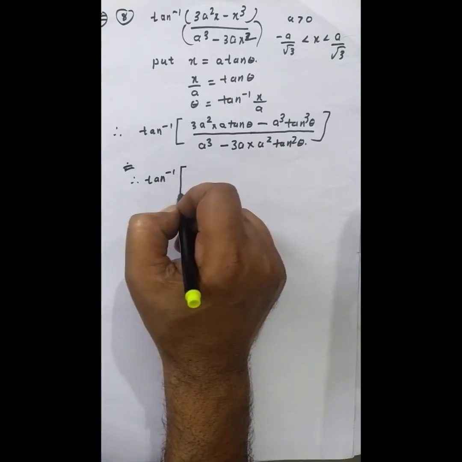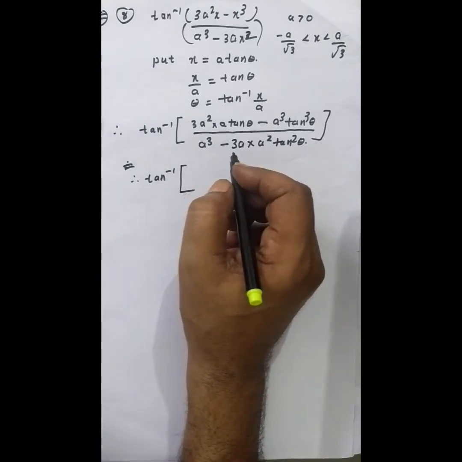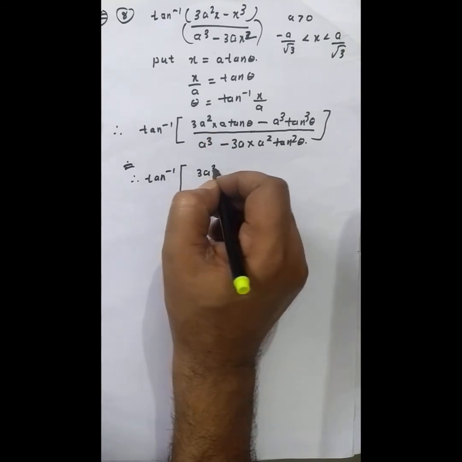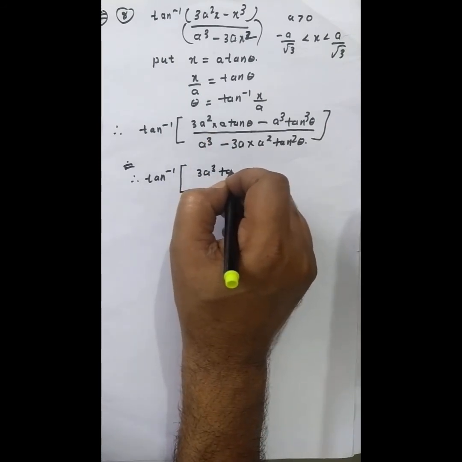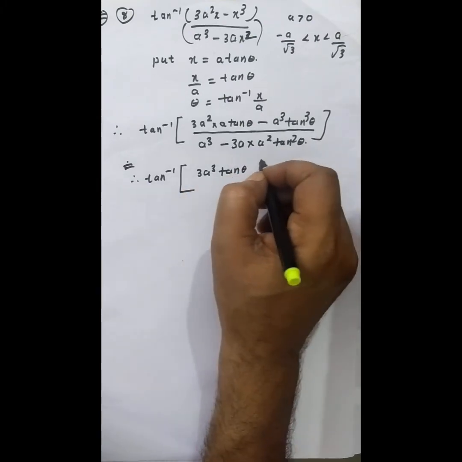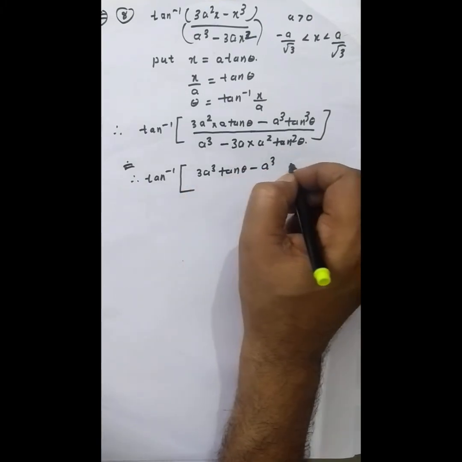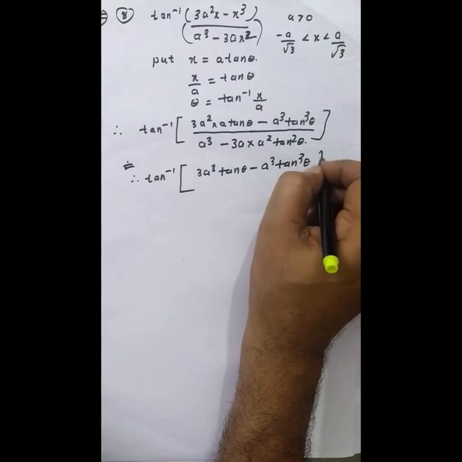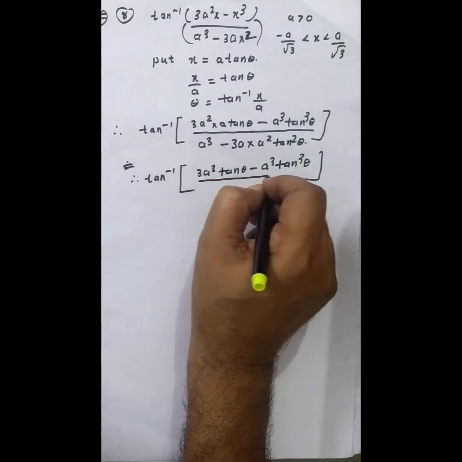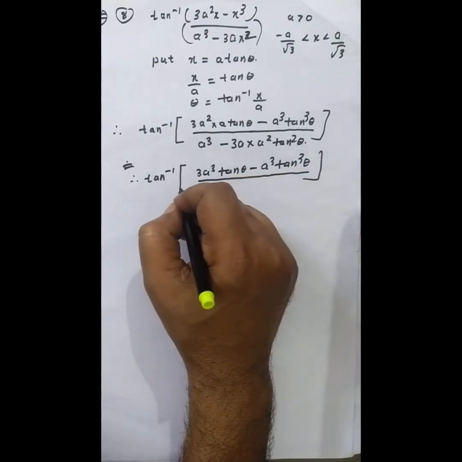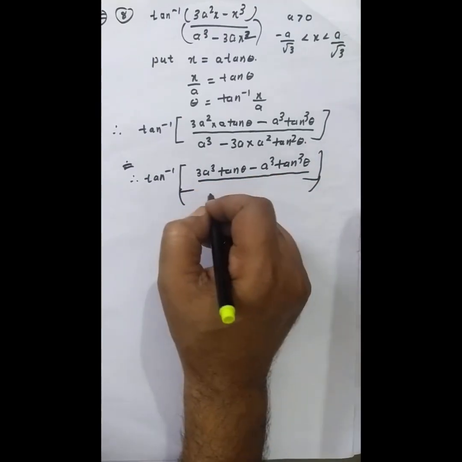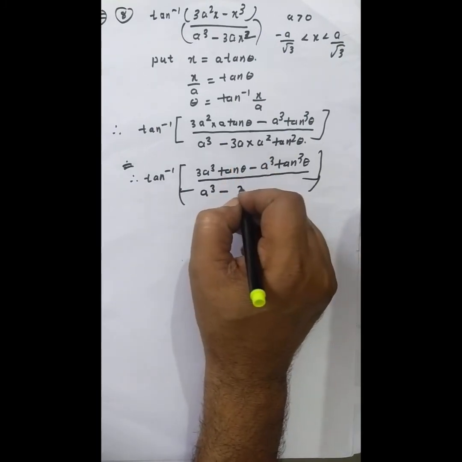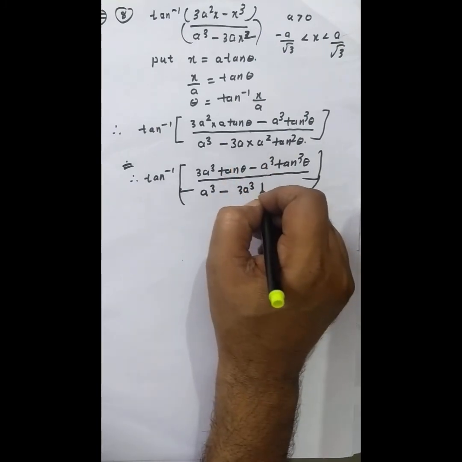So this will be tan inverse of 3a square into a is 3a cube tan theta minus a cube tan cube theta, whole divided by a cube as it is, minus 3a into a square is 3a cube tan square theta.